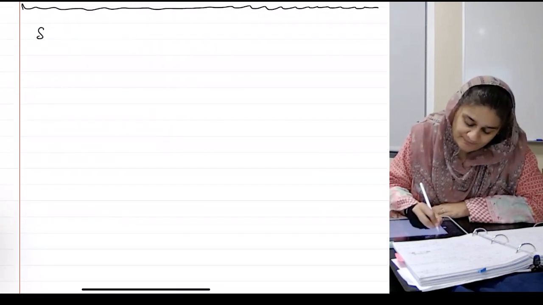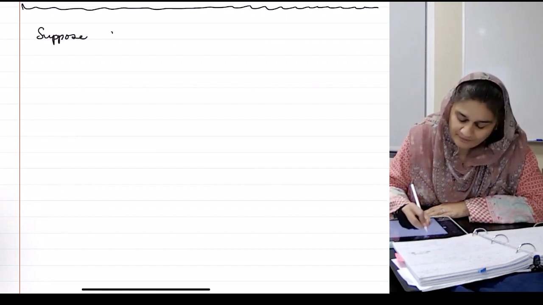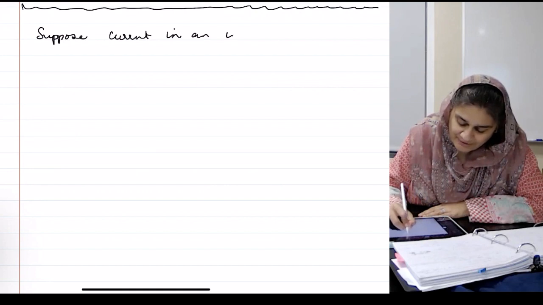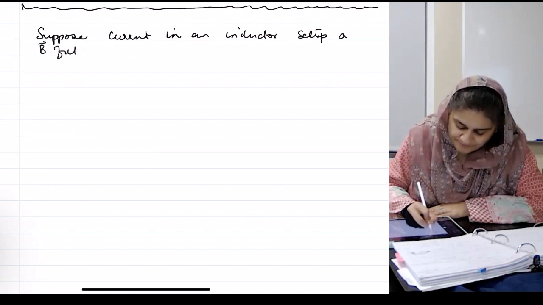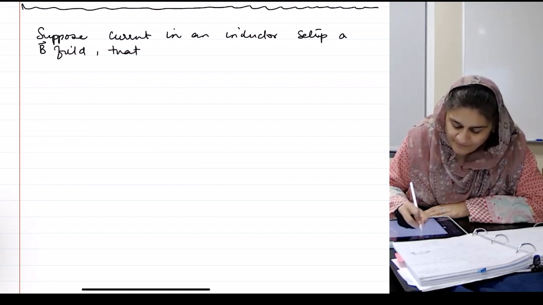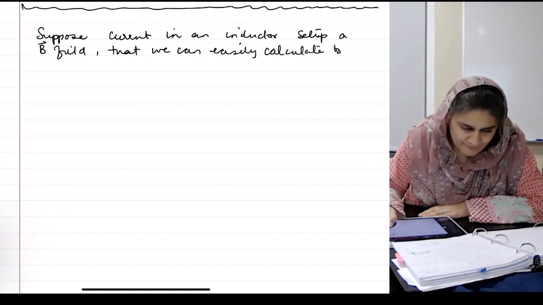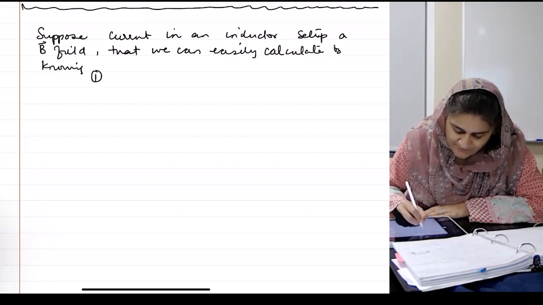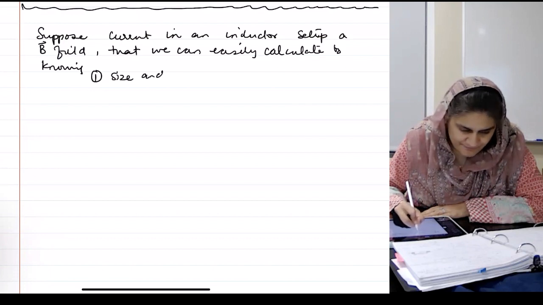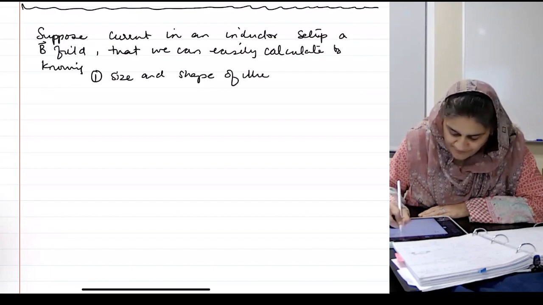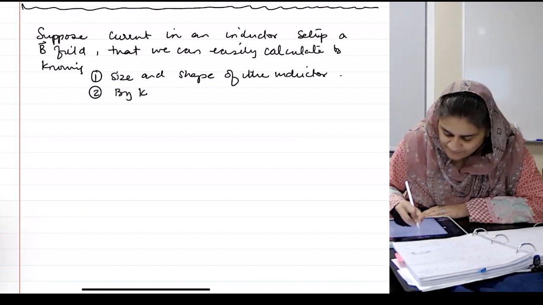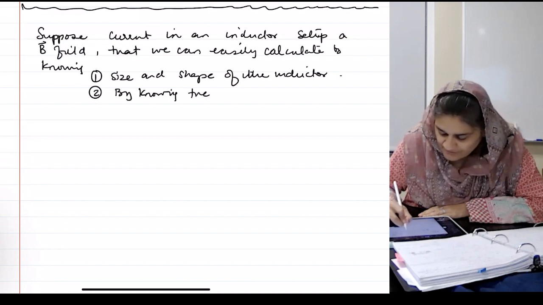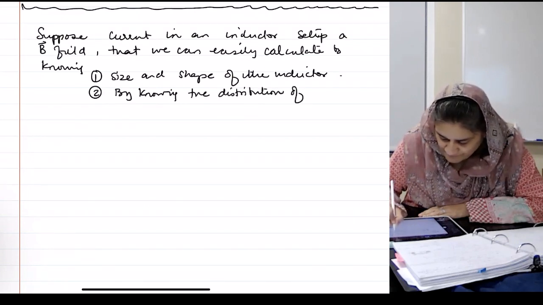Okay, suppose current in an inductor sets up a B field that we can easily calculate by knowing one, the size and shape of the inductor, and two, by knowing the distribution of current.